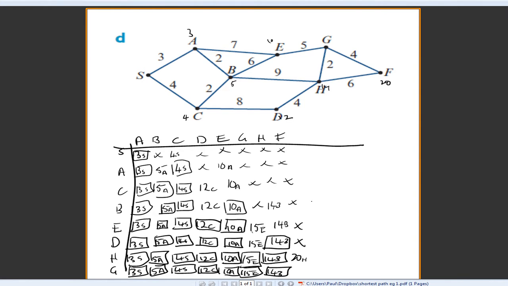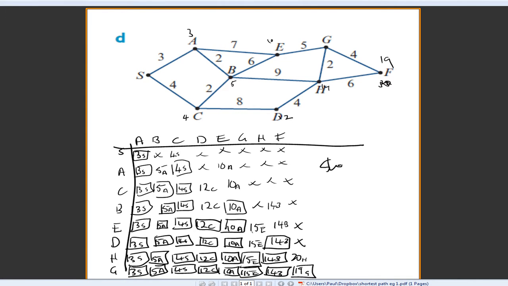Alright, and we've got 20 there. We're on G at 15. 15 plus 4 is 19. 19 beats 20, so 19 is our winner from G. Alright, that's the smallest one, so we box that up, and now we're finished because we've arrived at the vertex, or we've boxed up the finish vertex.